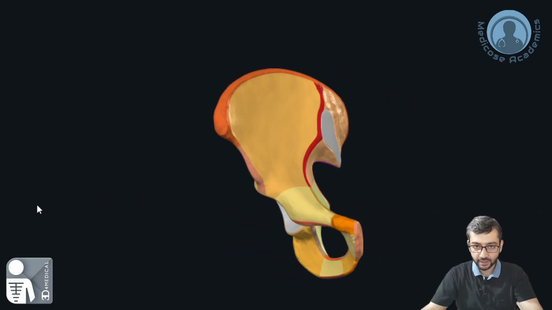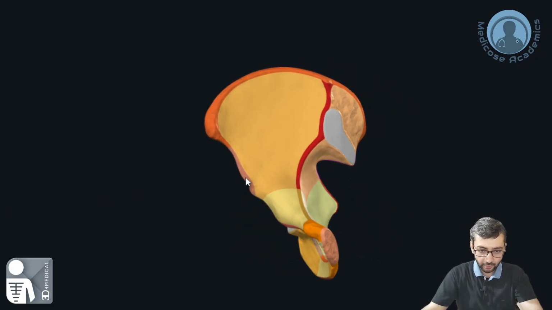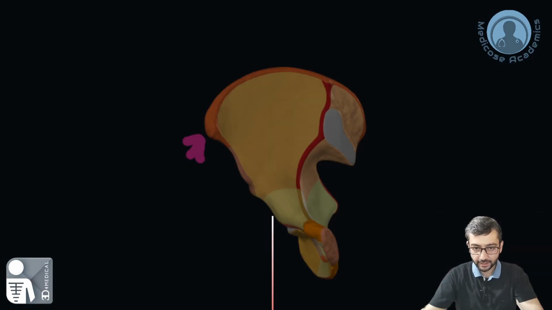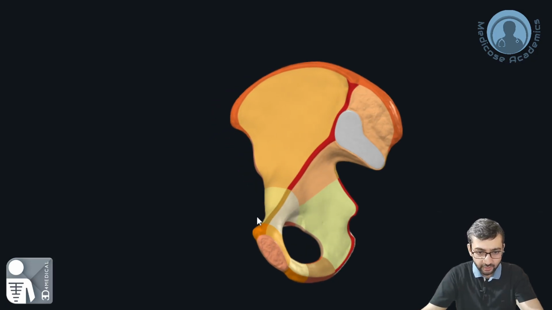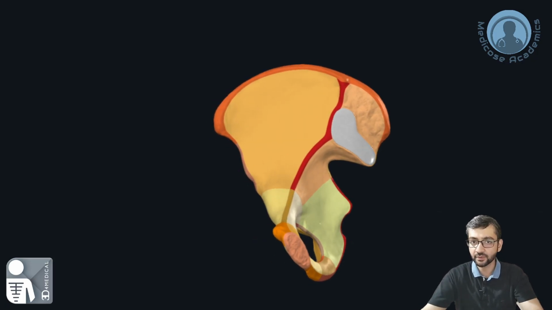On these borders you get two important landmarks. This raised area is called the anterior superior iliac spine, and then there is this raised area, called the anterior inferior iliac spine. They will be a little more prominent in this view.